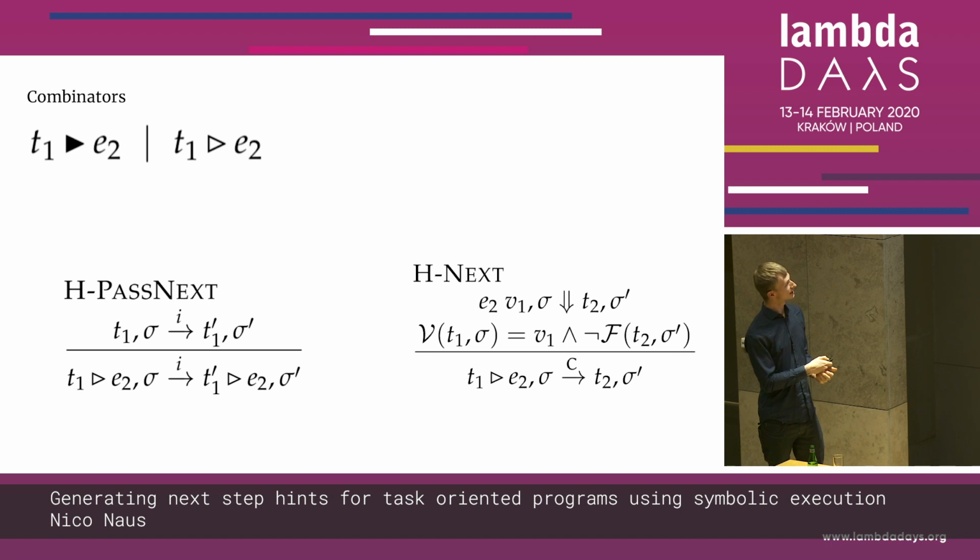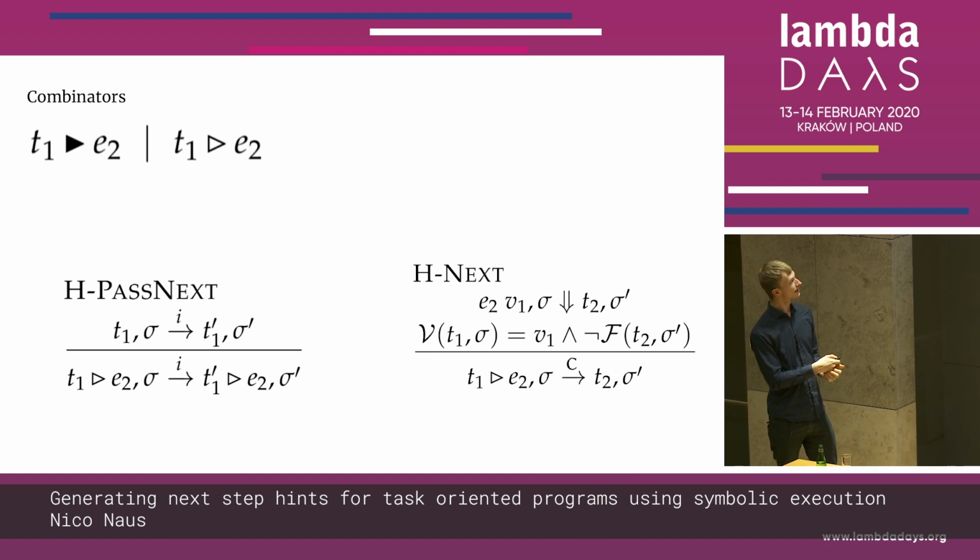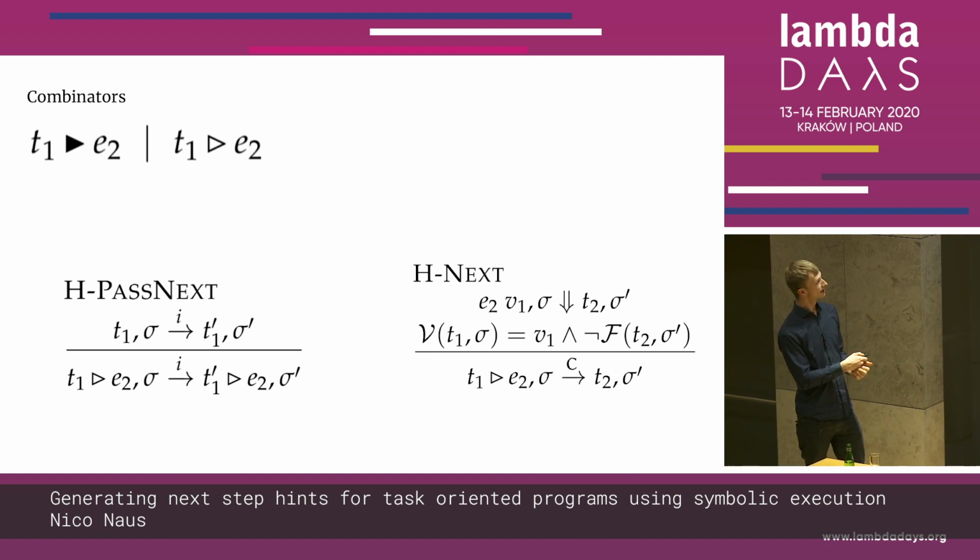And then the user can either send input to this left task, and when the user is done, he can send a continue event, and then we calculate the value of the first task, and then we calculate with that the next task that we're going to work on.